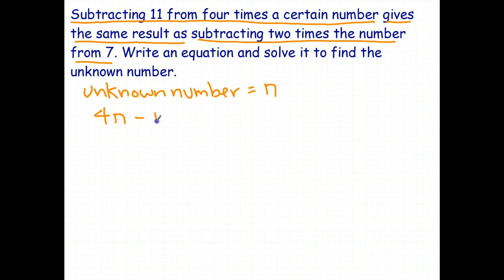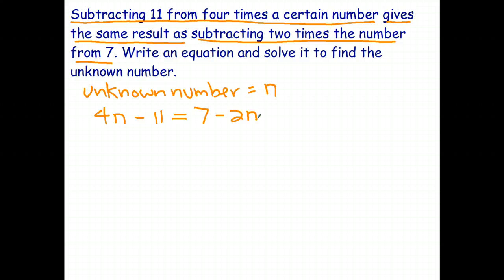So 4n, take 11, gives the same result as, which is a fancy way of saying equals, and the rest of the sentence, subtracting 2 times the number from 7. So we're not subtracting 7 from twice the number, we're subtracting twice the number from 7. So you do need to read a little bit carefully. And that's the hard bit done.